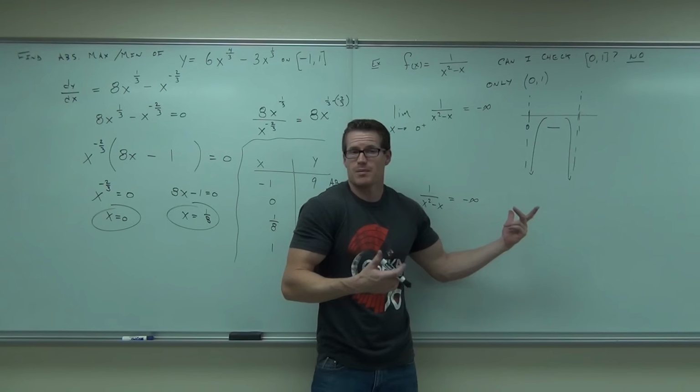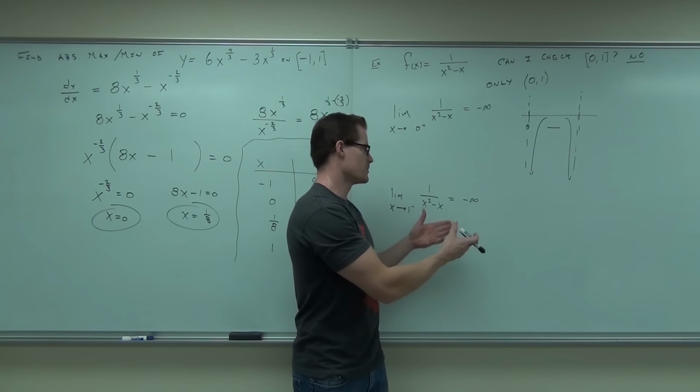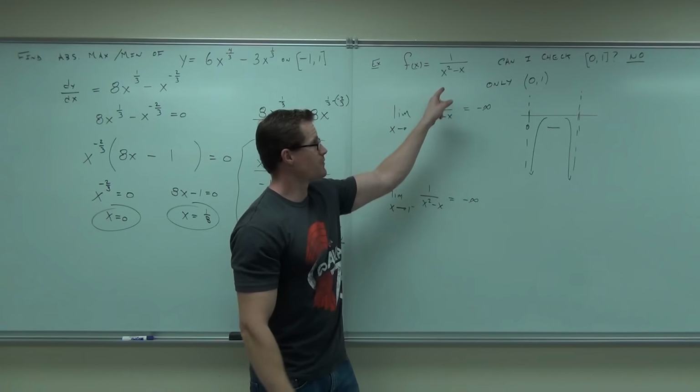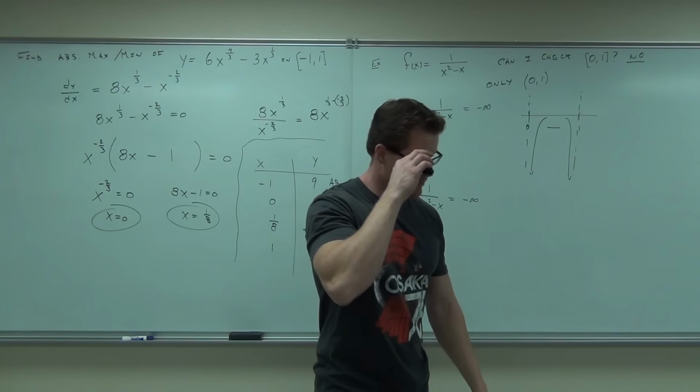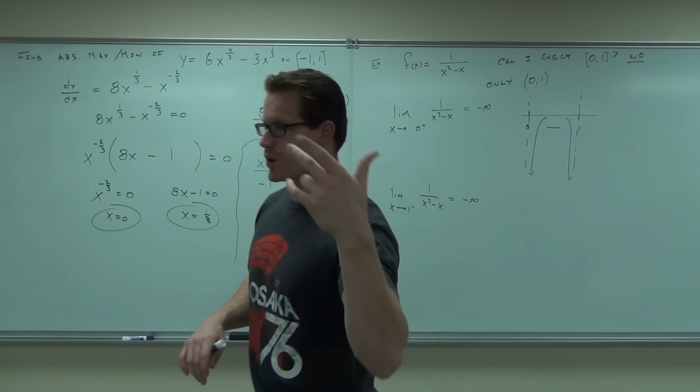So find these first. That might be a great way to do it. Eliminate some of your problems, or eliminate some of your choices. We're not going to have an absolute min. Now I want you to find the first derivative. There's a couple options. You can move that thing up top and make it -1.